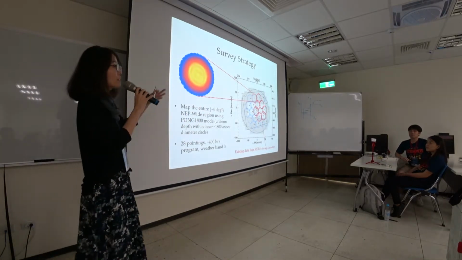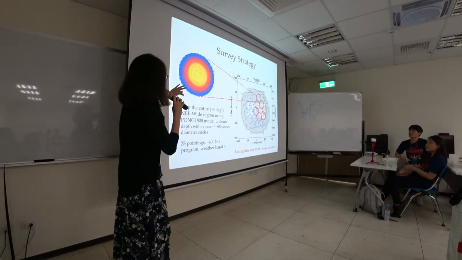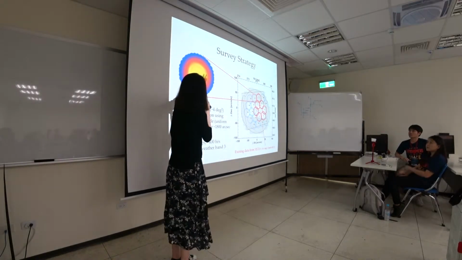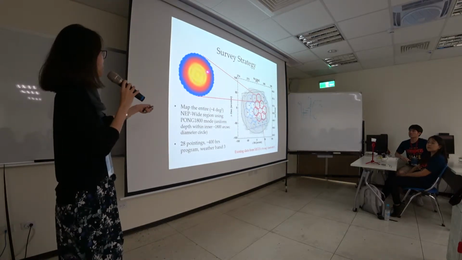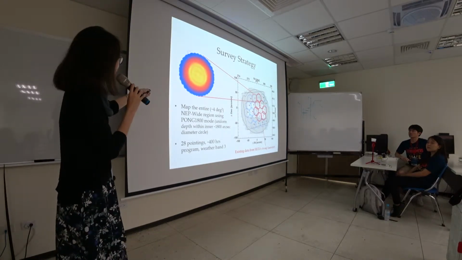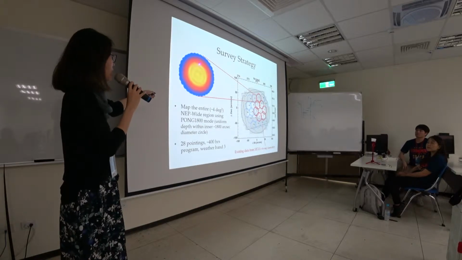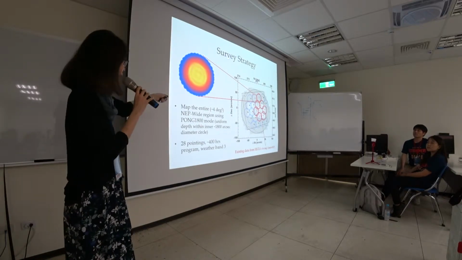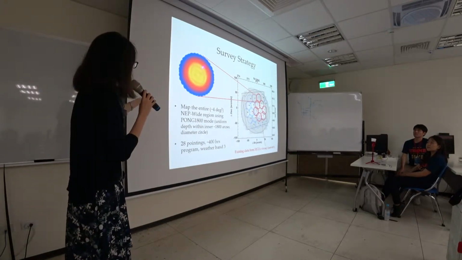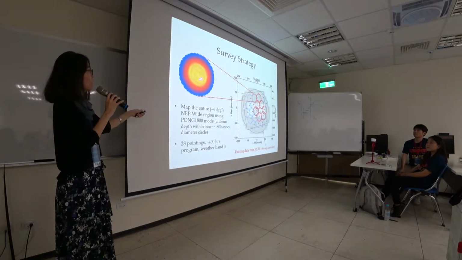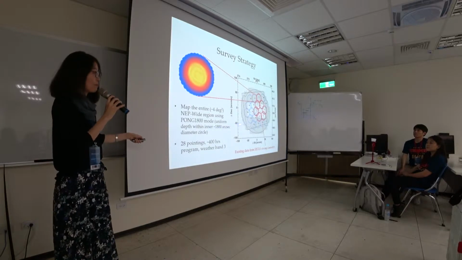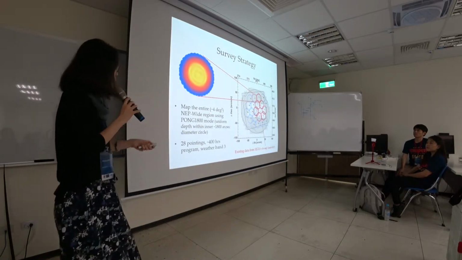With the single dish SCUBA beam, you will map these like this. In the center, there is a deep region with very good sensitivity, and if you go outer, the sensitivity gets worse. So you will get fairly uniform sensitivity around this 30 arcminute diameter circle.